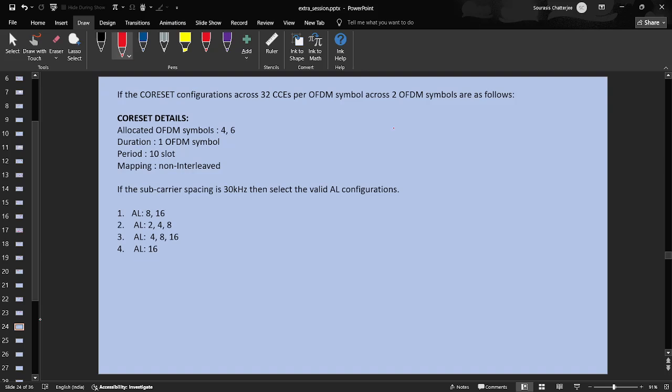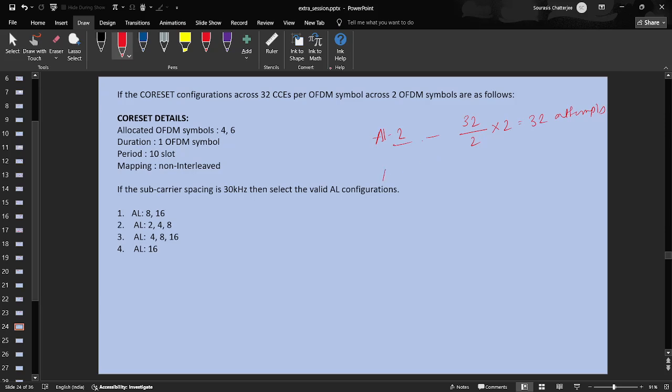So for aggregation levels, 2, 4, 8, 16 are all involved. So let's talk about aggregation level 2. How many attempts are needed to cover all of them? It will be 32 at one symbol, divided by aggregation level 2, and times 2, spread across two symbols, so 32 attempts.